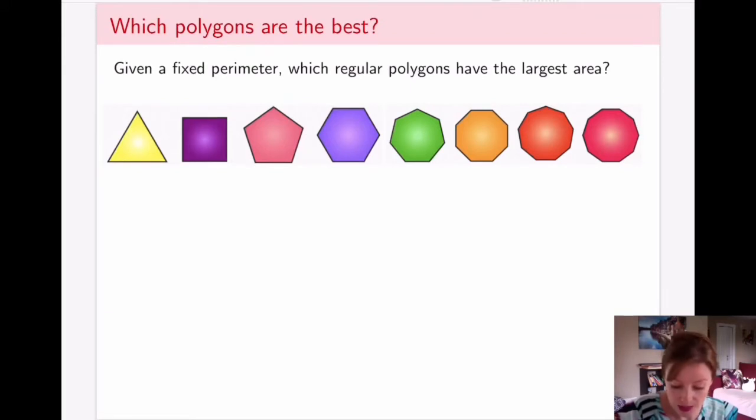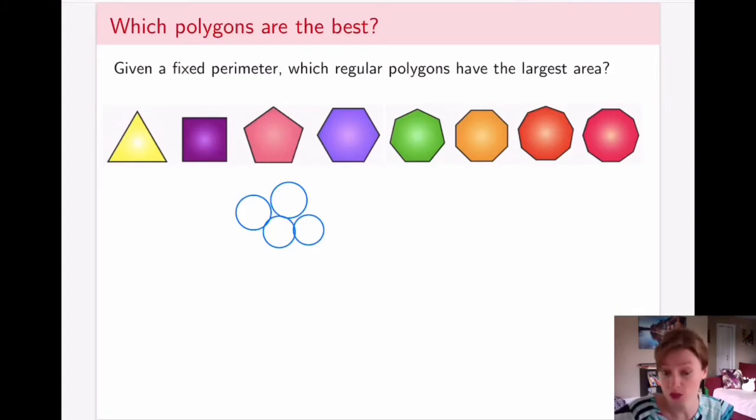So if I did have a bunch of circles, you'll notice that I'm actually wasting quite a bit of space because there is going to be inevitably space between them that I'm not covering. So I'm losing out my field area by having these gaps between the circles. That's why polygons, so things with straight sides, are good, because straight sides can go against straight sides and guarantee that I don't actually lose any shapes.